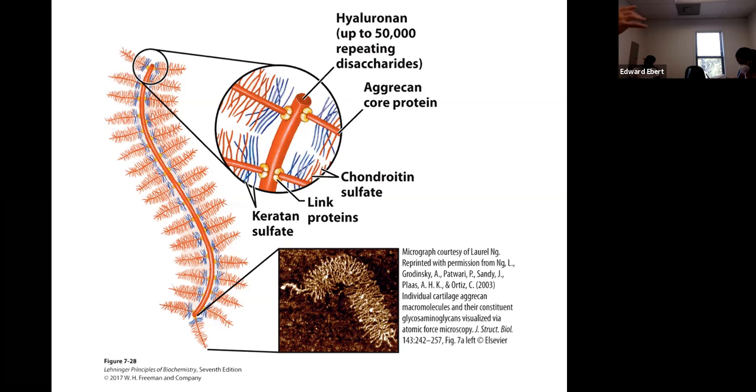We have these big kind of feathery sections in here, and you can see under the electron micrograph, it really does look like a big feathery section. And that functions much like a little squeegee or a sponge, because you can put water in there, and that water gets stuck in between all these little feathery parts, so it can absorb a lot of water and it's a big cushion basically.